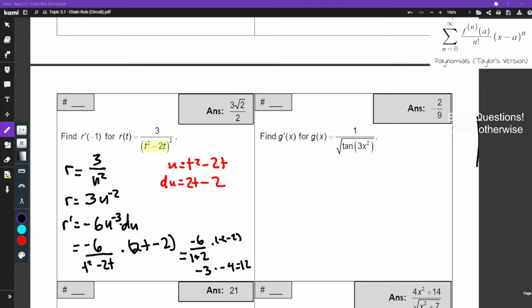That's not the answer. Oh wait, it's cubed. What am I doing? Oh, my bad. This whole bottom is cubed. So it's 3 cubed, which is 27.